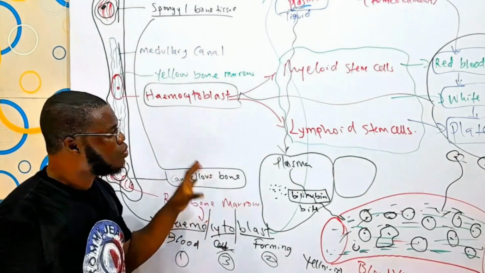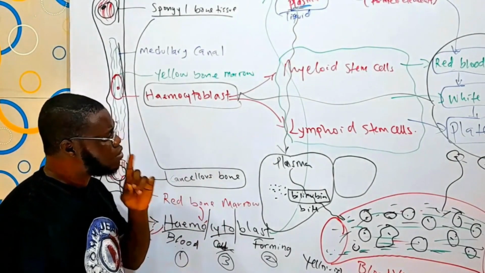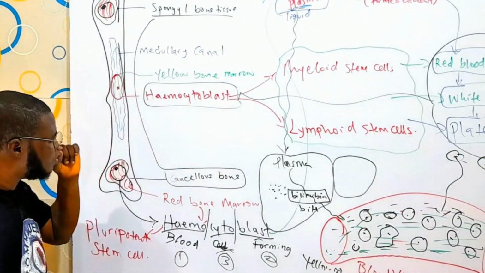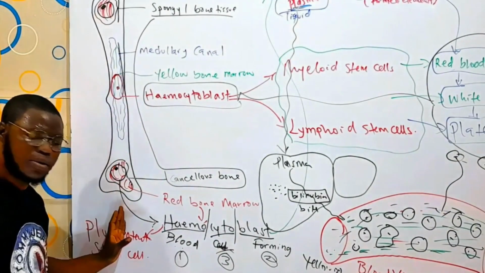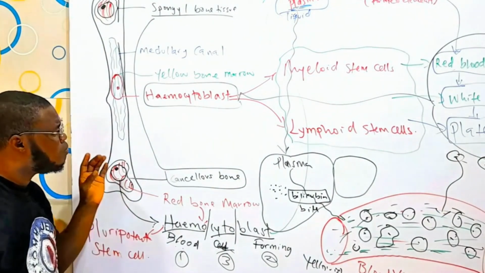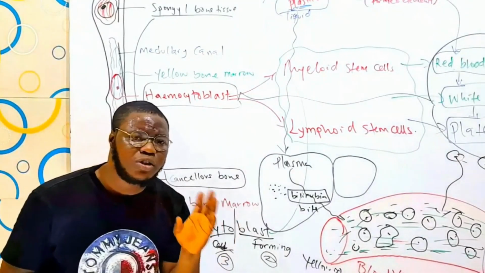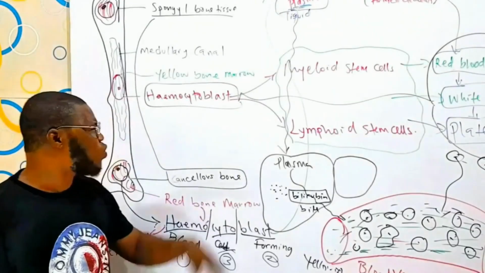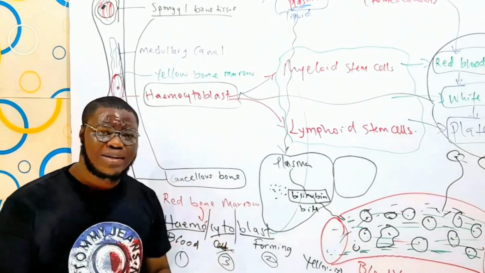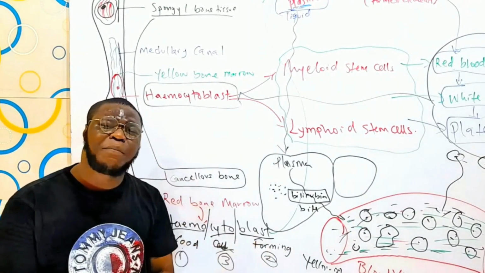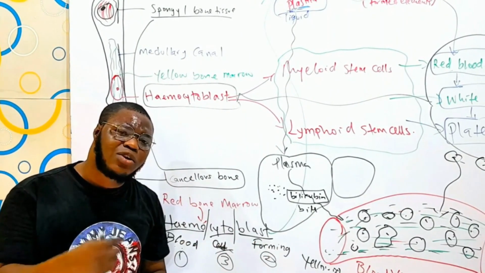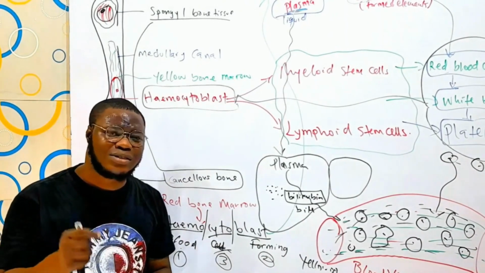Now that we are done with this introduction, I would like to add something else. I told you that the hemocytoblast is found in bones, and I used a typical example of a long bone here. The fact is, production of blood cells is not only in the femur. Yes, they are found generally in the long bones, good. But apart from that, hemopoiesis, which is blood production, can also occur in the exoskeleton generally.